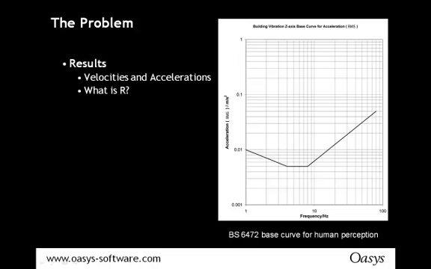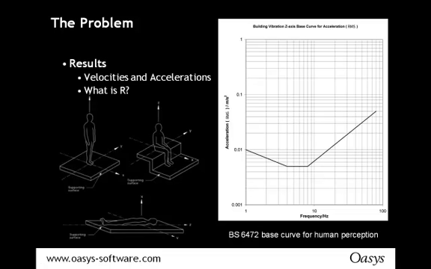Now, the R value you're looking for varies depending on what the building or the structure is being used for, because people in different situations are more or less sensitive to the vertical vibration. Somebody standing or even walking is sort of least sensitive. Somebody sitting down, more sensitive. Someone lying down, most sensitive of all. And also, of course, people's expectations vary as well.